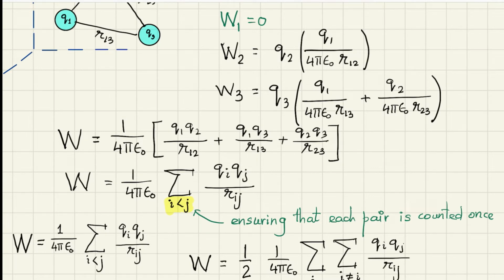So I have relaxed the condition of i being less than j, allowing double counting, but I make it half so I don't lose anything, and this is a lot neater. For my n charges to be assembled, that's my work done.